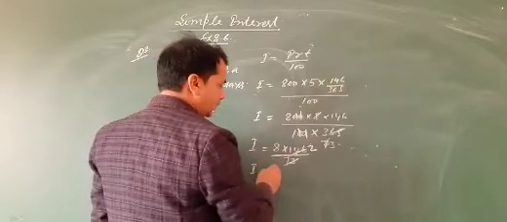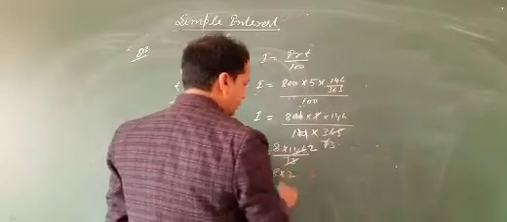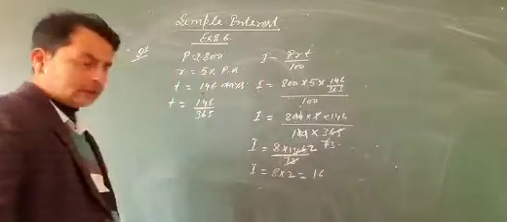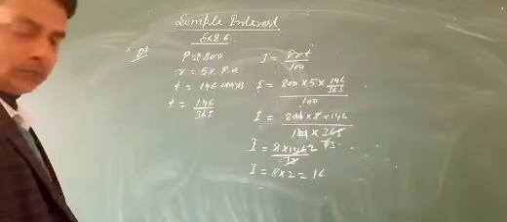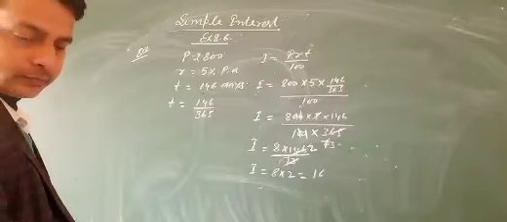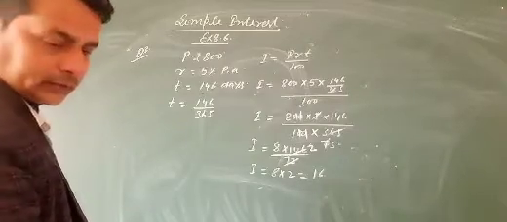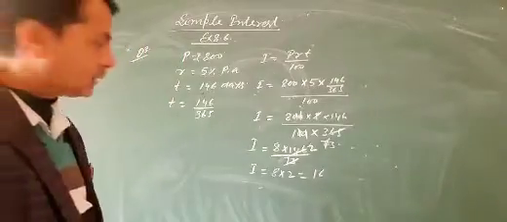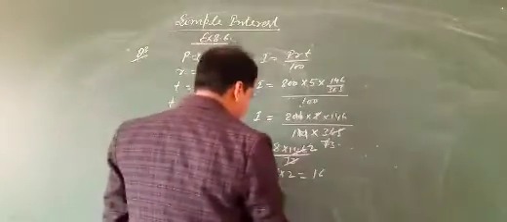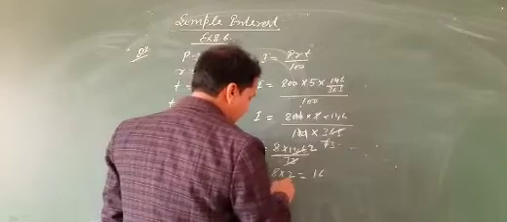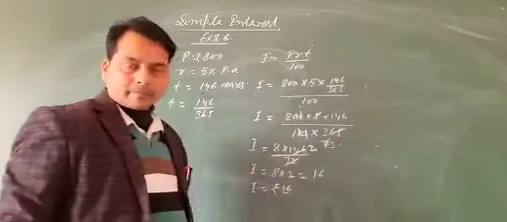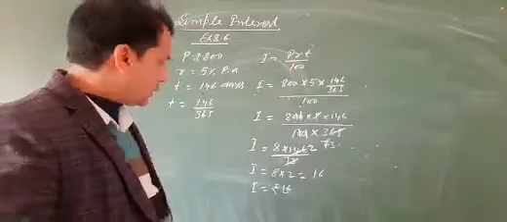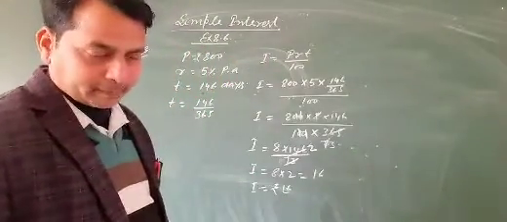Then I equal to 8 into 2. So you can write here 16. 8 into 2 equal to 16. Then interest is here 16 rupees. So in this question the interest is here 16 rupees.